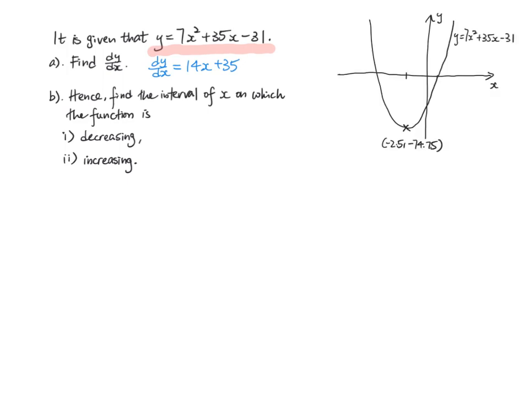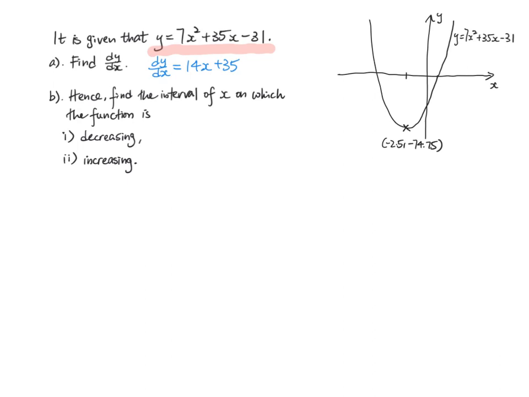So for the time being, if you just look at the graph here, very obviously, the answer to B1 would be all the x's less than or equal to negative 2.5. And likewise for B2, the answer would be all the x's greater than or equal to negative 2.5.